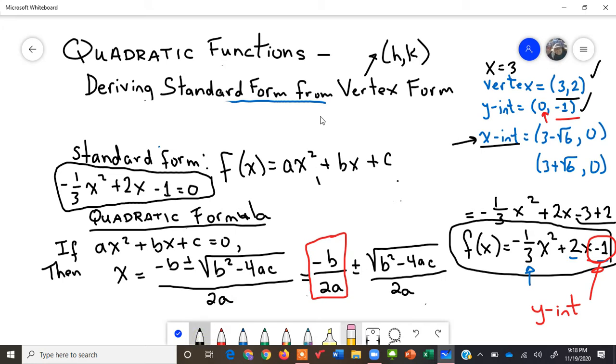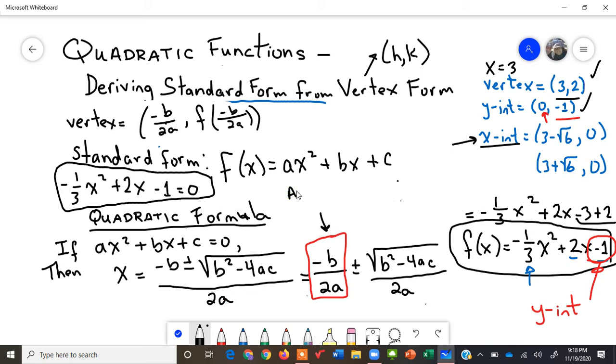Right? We had already stated that if you're in standard form with ax squared plus bx plus c, then you could find the vertex by using negative b over 2a, and then plugging into the function to find the y-coordinate of the vertex. And then here it is right here. So the x-coordinate of the vertex is also our axis of symmetry.